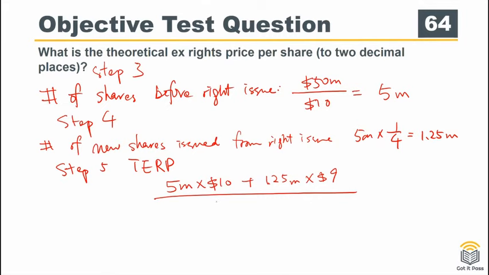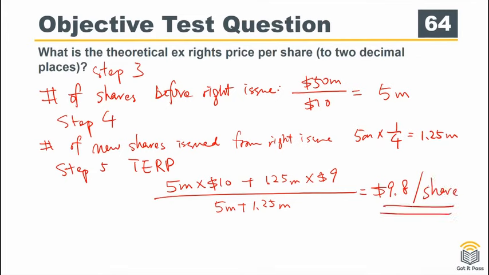It should be 5 million plus 1.25 million. So you work it out. The per share price for the theoretical ex-rights price is $9.80 per share.